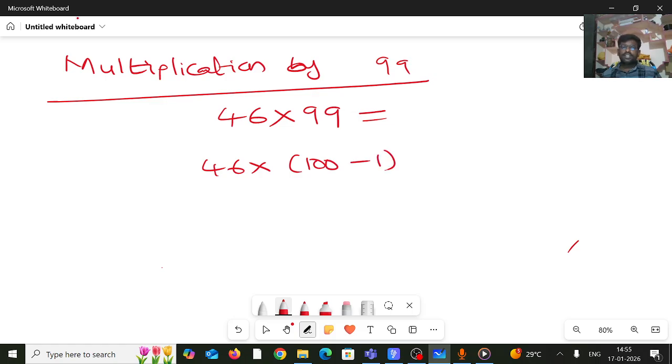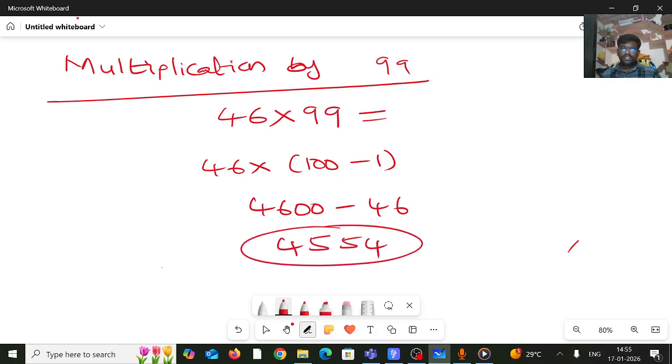This is also a shortcut, but 4600 minus 46, you will get 4554.